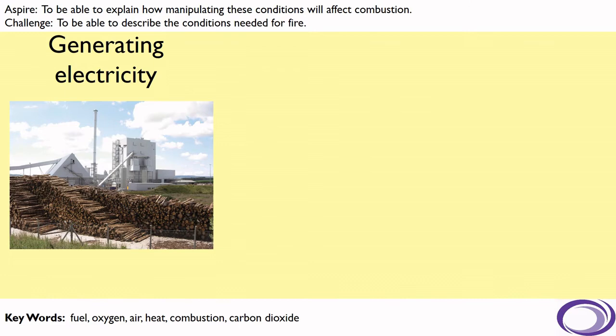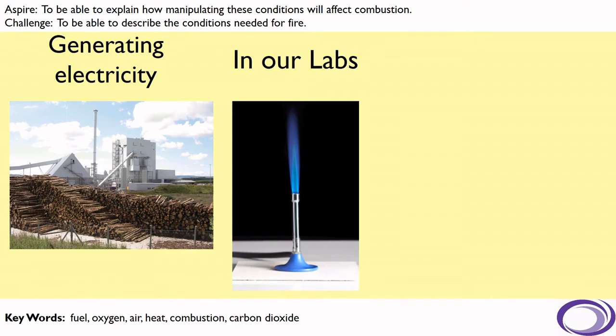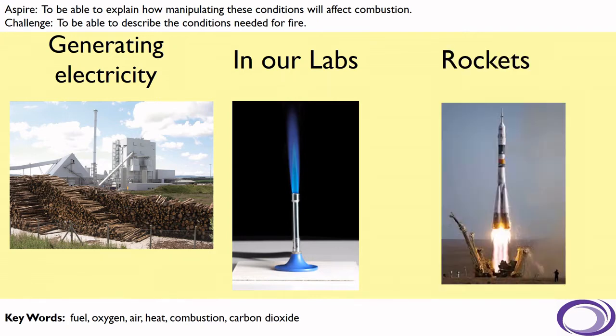We can use combustion when generating electricity, be it by our more traditional power stations like coal, or some of our more modern biofuel power stations, like is seen on screen. A few less obvious uses of combustion: when we are in labs in school, we use combustion when we are using Bunsen burners, and rockets also use combustion to drive them.